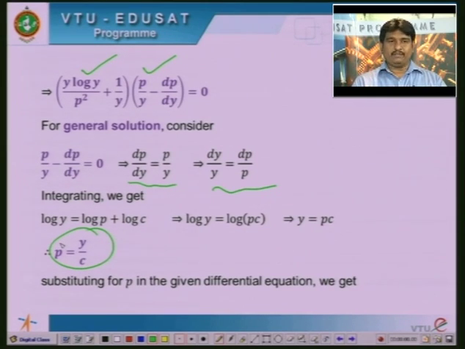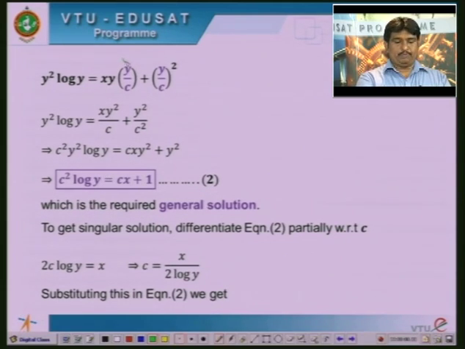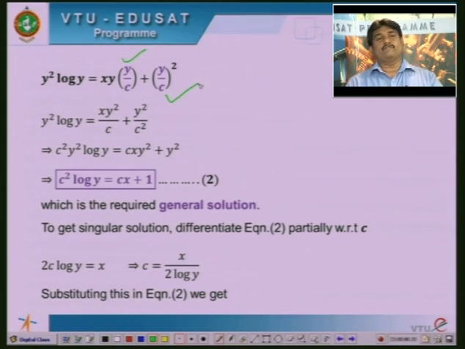We have to eliminate p from the given differential equation and the equation p equals y by c. Substitute this in the given differential equation. The given differential equation is y square log y equals xy into p plus p square, which implies y square log y equals xy square by c plus y square by c square.